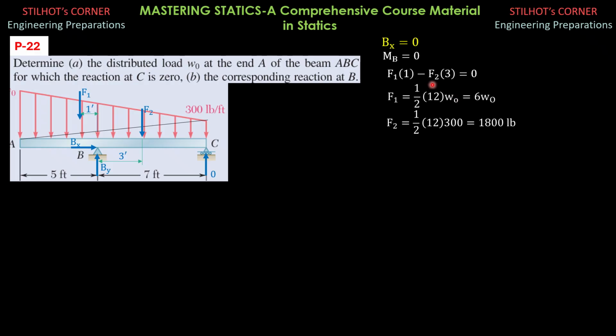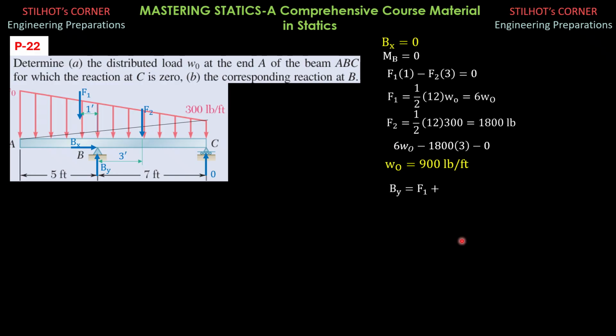Then substitute into this equation here, 6WO times 1 or 6WO minus F2 1,800 times 3 equals 0. So we can now solve WO equal to 900 pounds per foot. Then for By, it is just summation of forces along Y. So upward force By equals F1 plus F2.